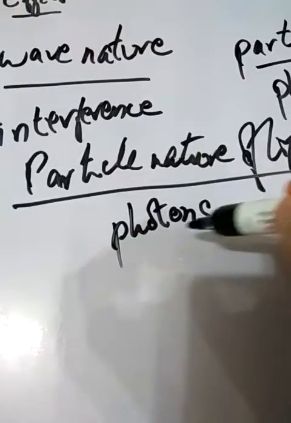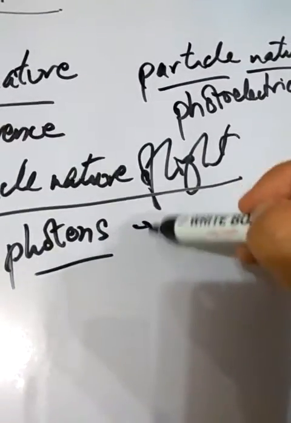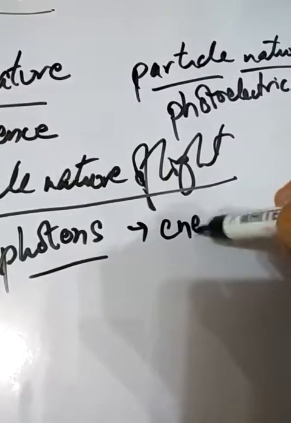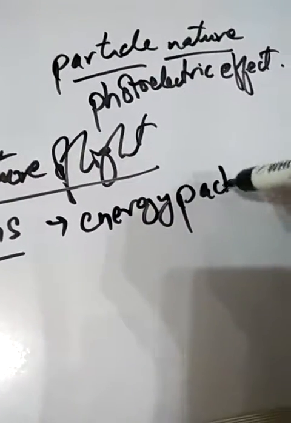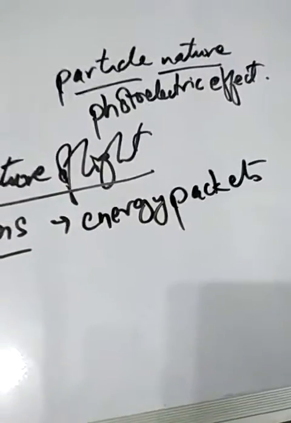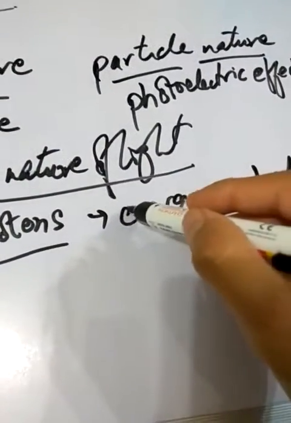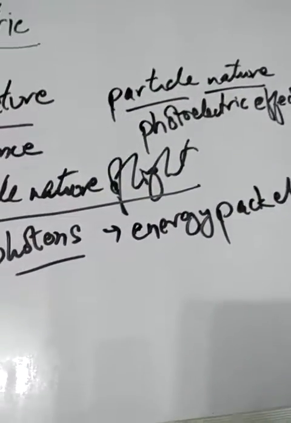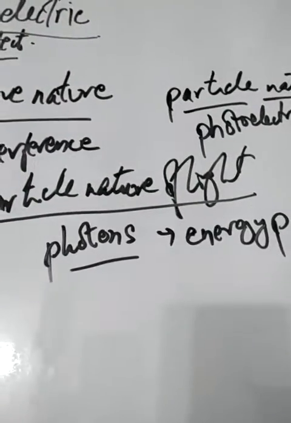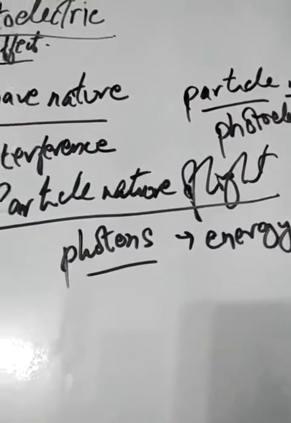These photons are energy packets. Light is a form of energy, don't forget that. These are energy packets. So basically they have energy. These photons have energy and they travel at a speed.